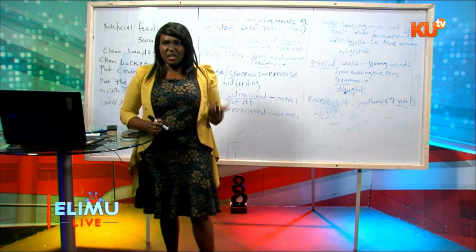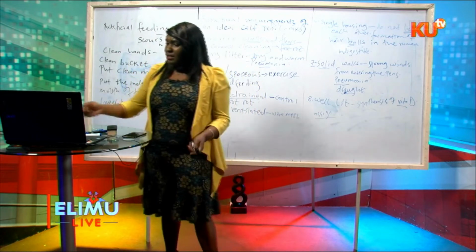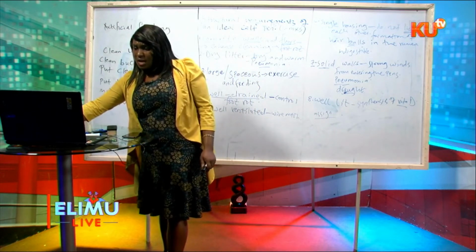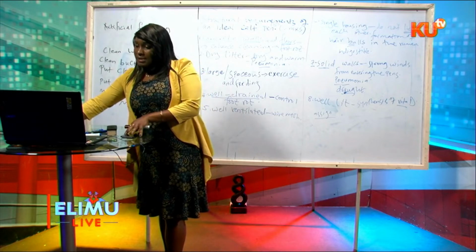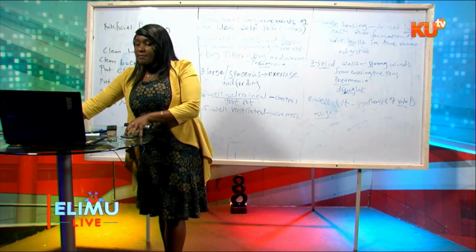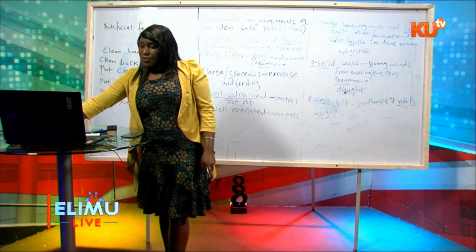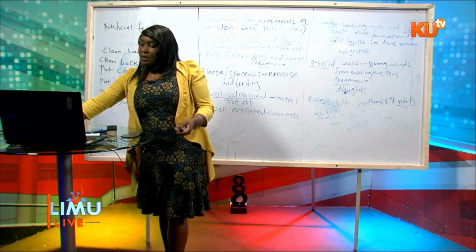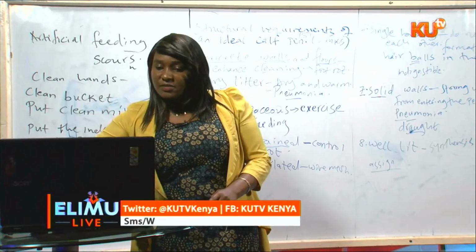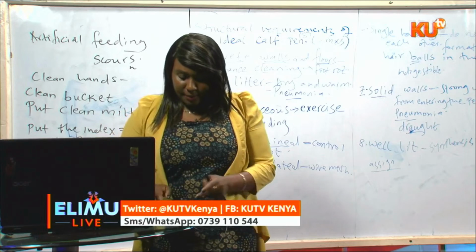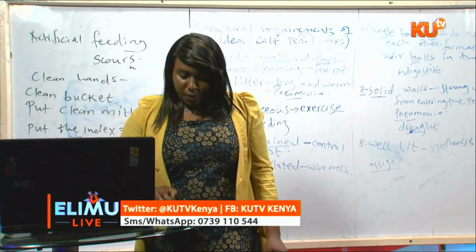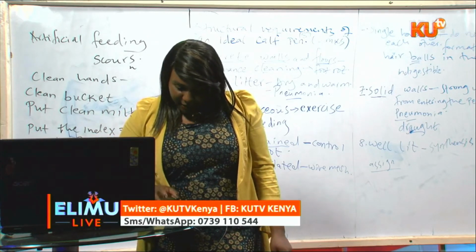We have vaccination, that is, you control diseases through vaccination. You can castrate these bulls. You can identify them, identification. You can dehorn. Actually, dehorning is very good for the bulls because it makes them docile. So those are some of the points that I can give on that bit.